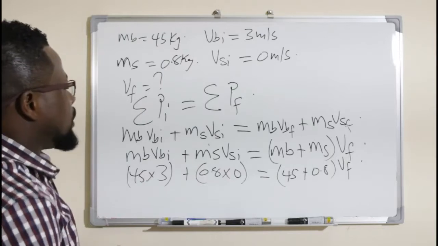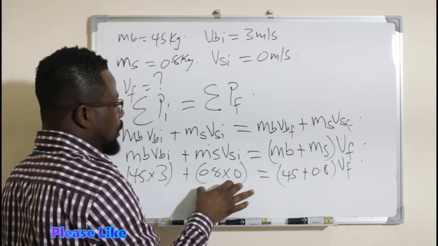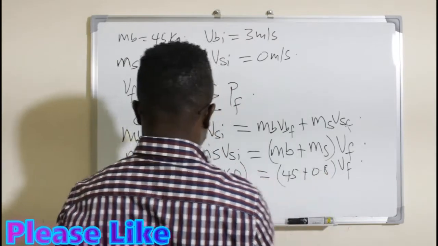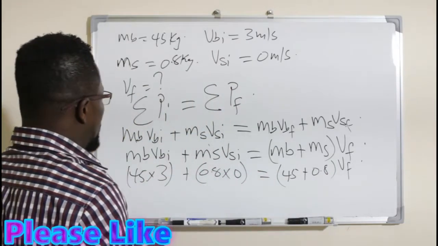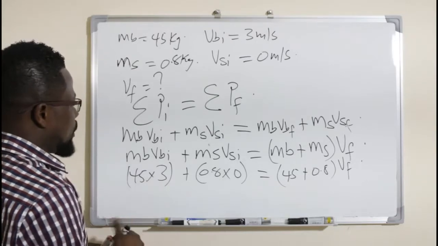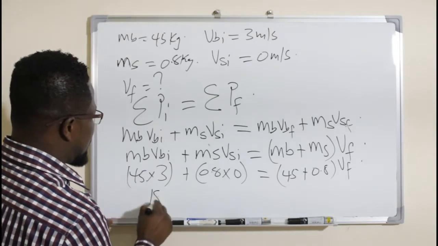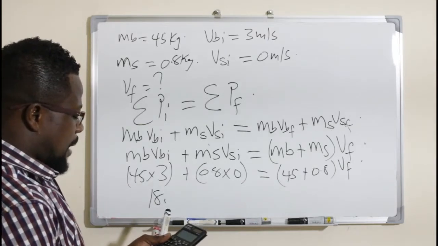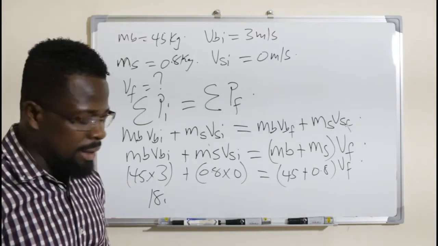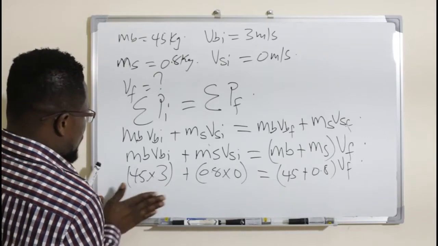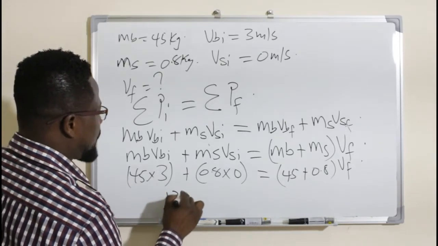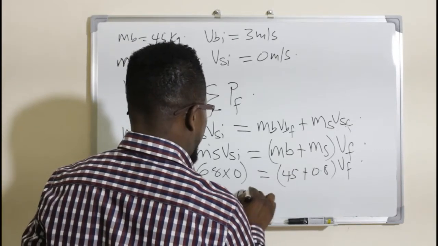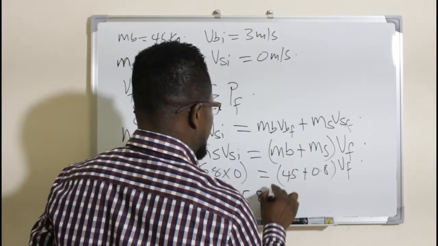Remember, this is going to resolve into 0, and what we are going to have is just this and that. If we multiply 45 by 3, that is 135. And that must be equal to 45.8 VF.